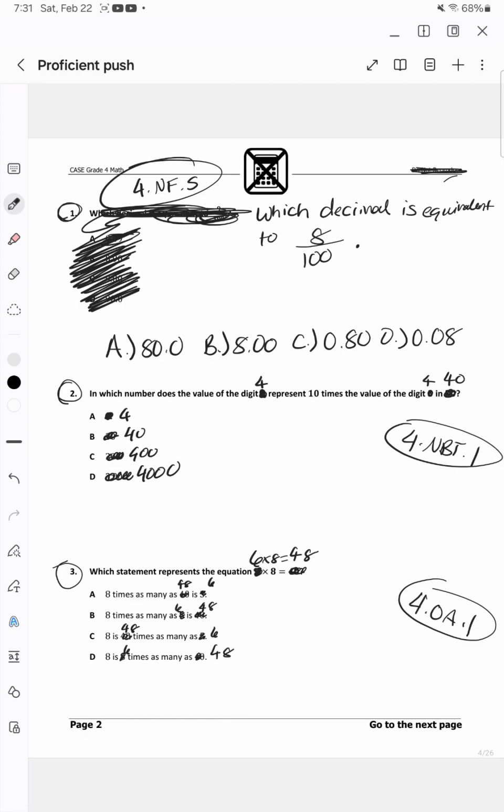Now, to answer this question, it says which decimal is equivalent to 8/100ths. So there's two strategies. The first way, you could say if there's a single digit numerator with the tenths, hundredths, and thousands, you can just say 1 less 0.